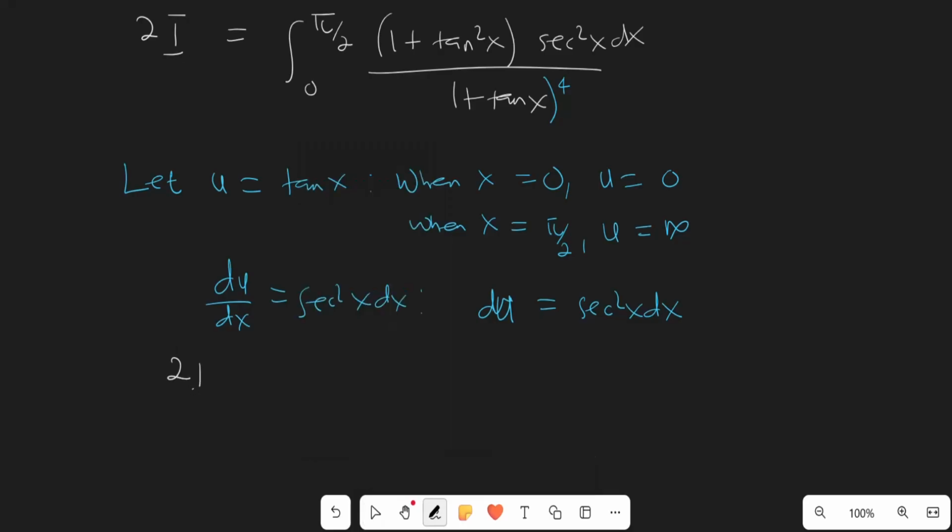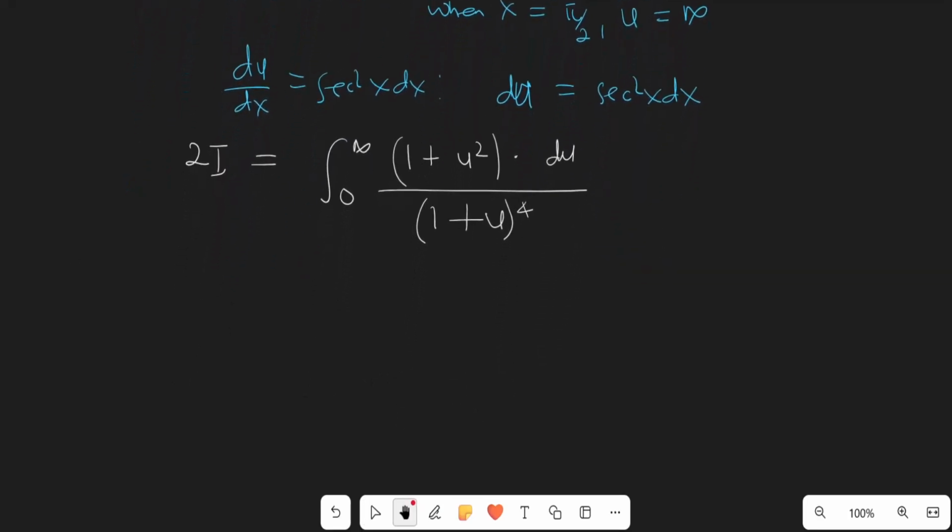So our integral 2I is going to be the integral from 0 to infinity of 1 plus tan square x, which is u squared, times secant square x dx, which is du, all over 1 plus tan x, that is 1 plus u all to the 4th power. So this is what our integral has been reduced to.